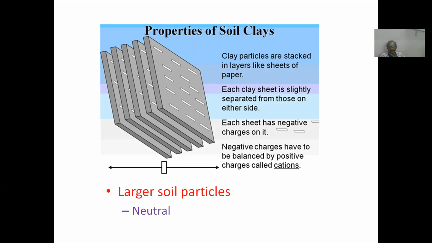And if soil particles are larger, then they can be treated as neutral. As the size of the clay particle becomes smaller and smaller, more and more negative charges can be expected in a clay particle.